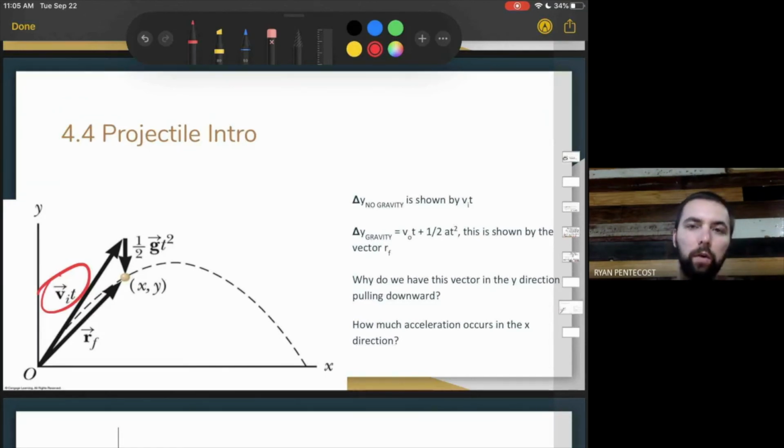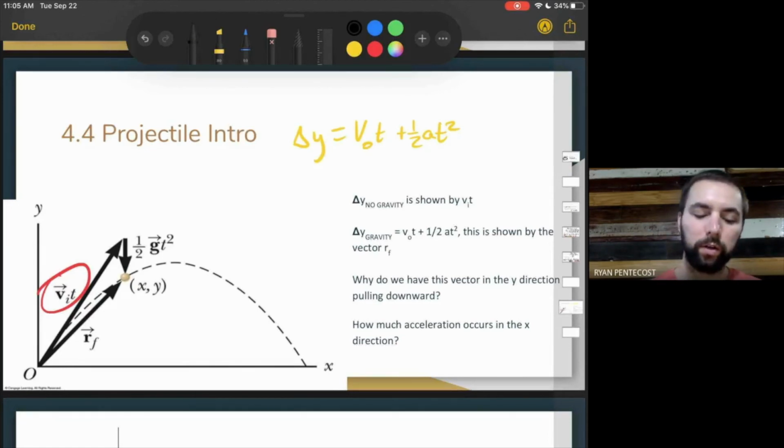This is one of the orange equations, right? Delta y equals v naught t plus 1/2 a t squared. Now, if you want to show that with no gravity, like in the other equation, you would say, well, if there's no gravity, then acceleration is 0. So you take that component out, and then you're stuck with that, right?